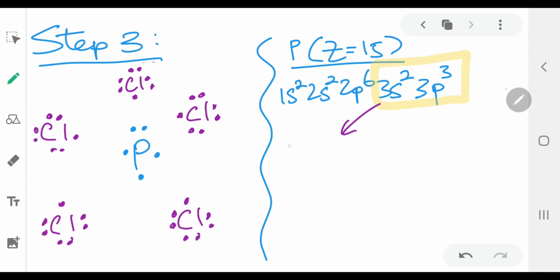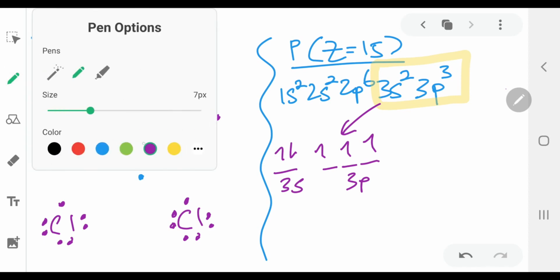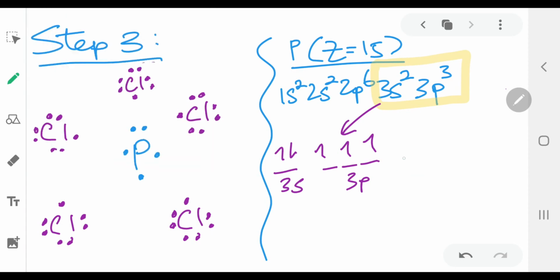So I'm going to draw the orbital diagram for the valence shell. So you have 3s and 3p, like this. Okay, so do remember, when you are on the third period onwards, you would be able to have 3d orbital characteristic.